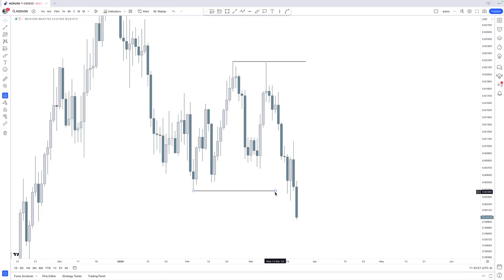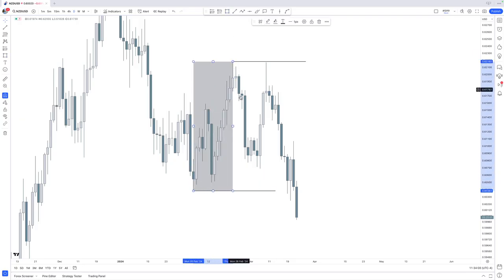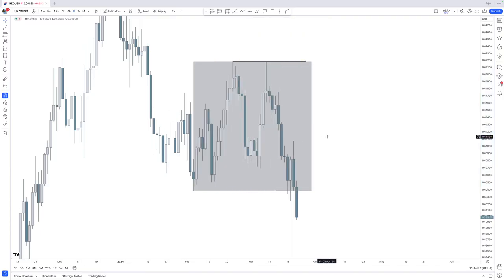Then from that intermediate low towards that intermediate high right there, that creates the fair value area. So that is now where we can look to continue lower off of.